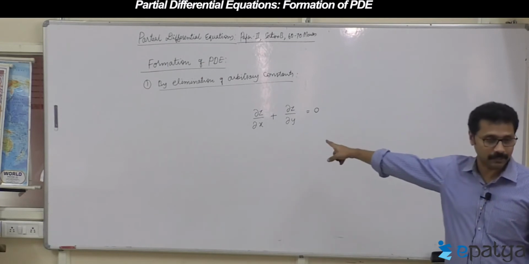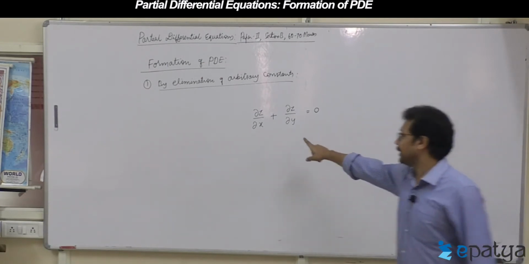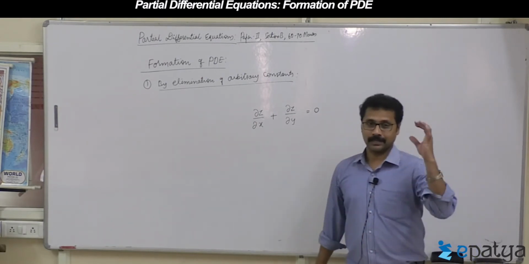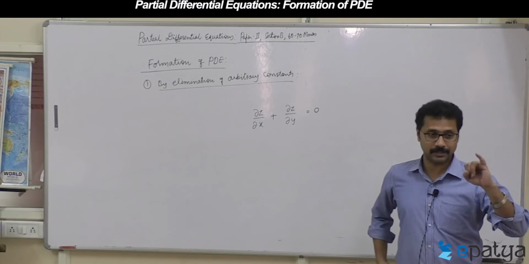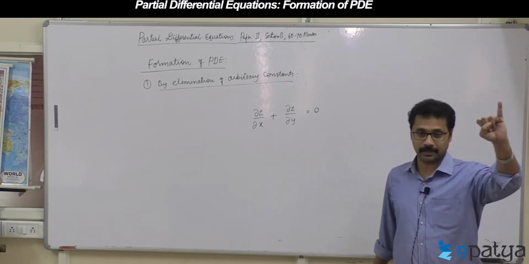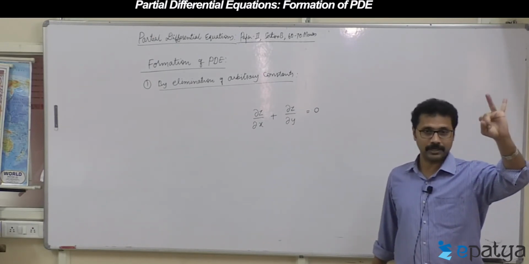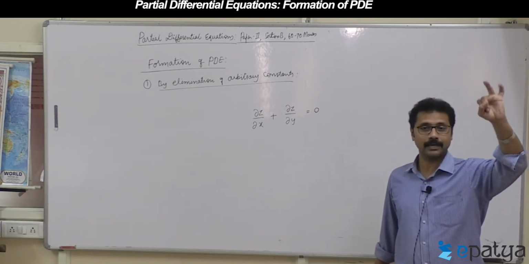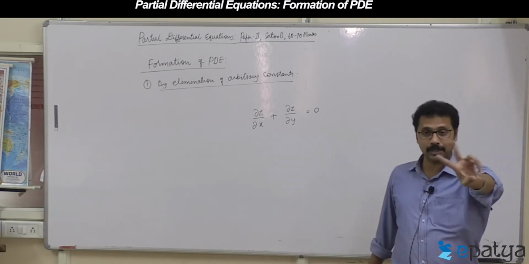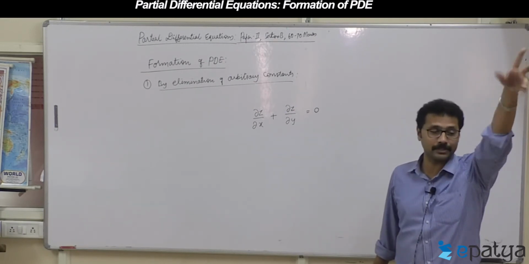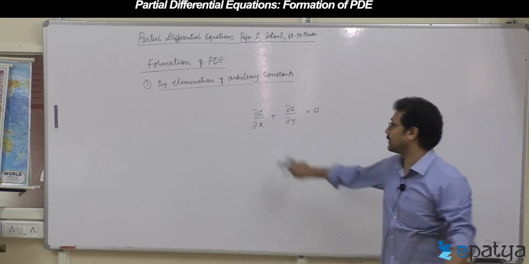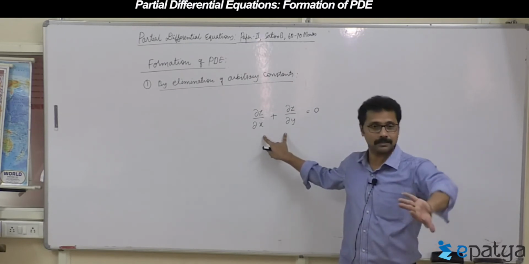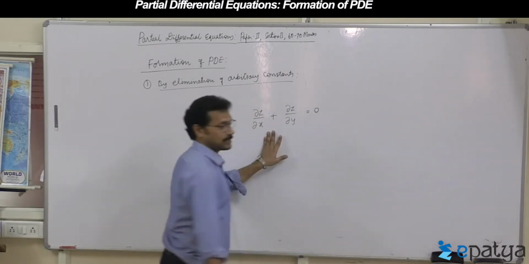In order to form this first order differential equation from the given family of surfaces, I have to differentiate with respect to x once and with respect to y once, and then eliminate. There will be two arbitrary constants in the family of surfaces, which I eliminate, and I will get this differential equation. Is it or not? Or else, if you don't understand this, we will think in a reverse way. Suppose this is the differential equation.